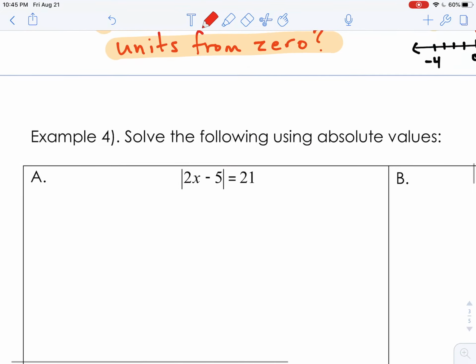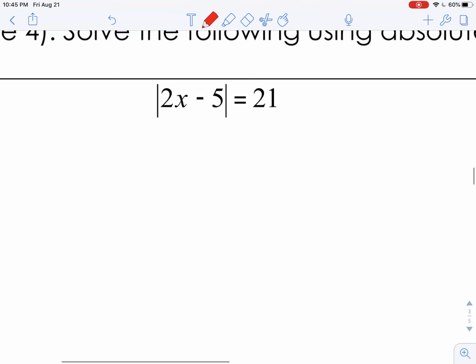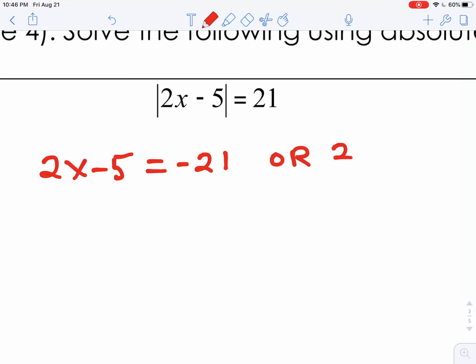Now we get a little tougher in this type of equation, but it's still the same idea. Which values are 21 units from 0? But because the whole side is an absolute value, what we're going to do is split it into 2 parts. We're going to solve it as if we're going negative 21 to the left, 21 from 0 to the left, or 2x minus 5, 21 units to the right, just like we did above.